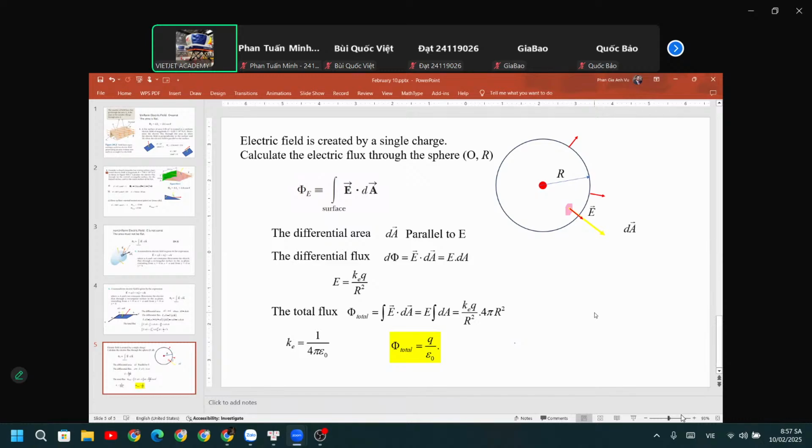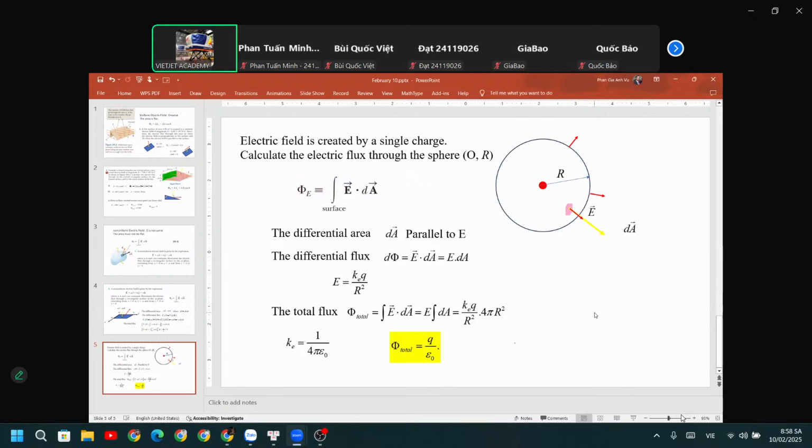The result doesn't depend on the radius R. This can be big, can be small, right? Can be very big, can be very small. But the flux through this sphere is constant, right? It depends only on the charge q of the point charge, and the constant epsilon zero, of course. But it depends only on q, right?